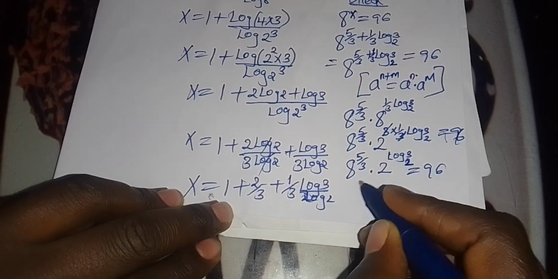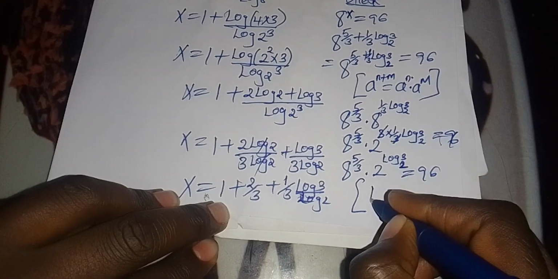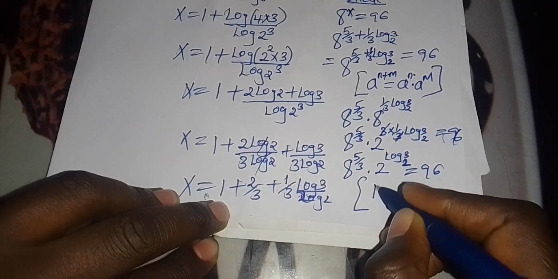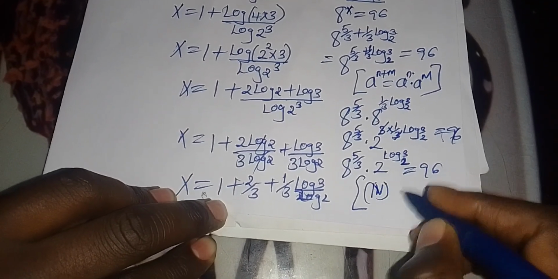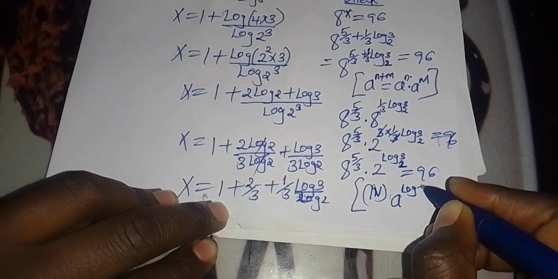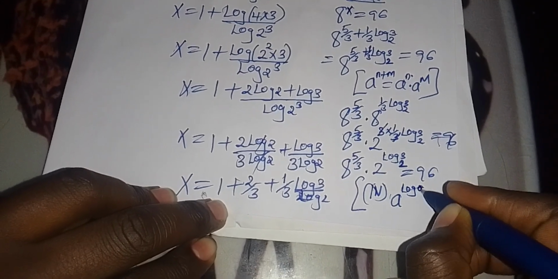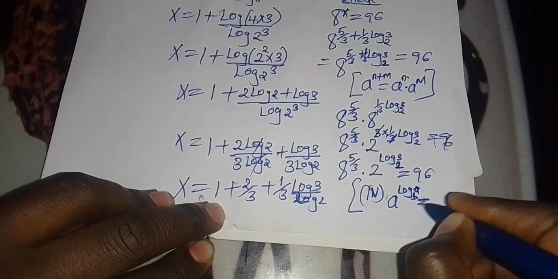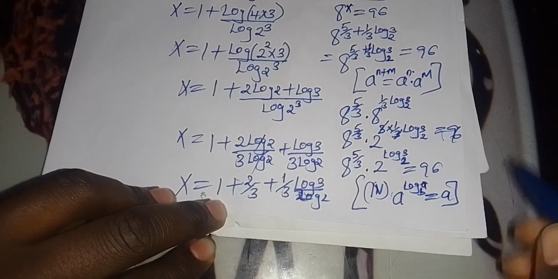Now applying the rule, that is rule number 4, if you have a raised to the power log a to base b, this is definitely going to give you a.